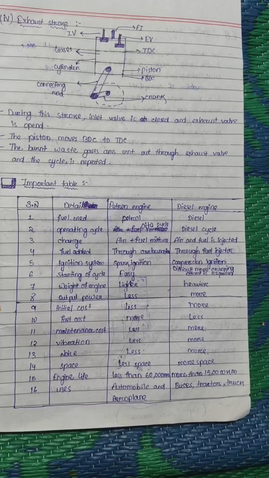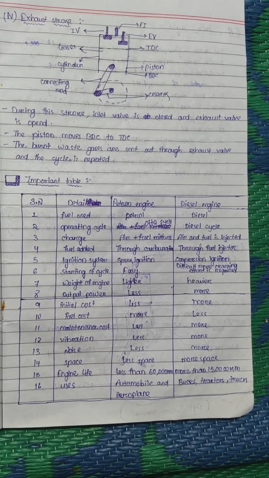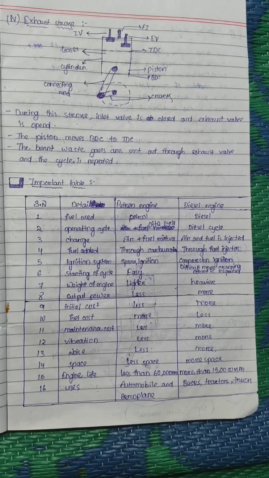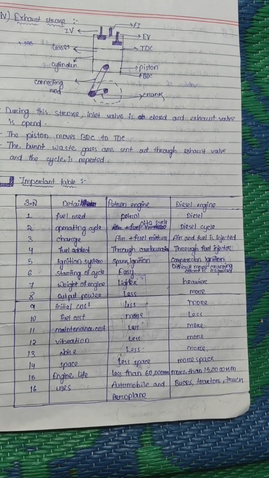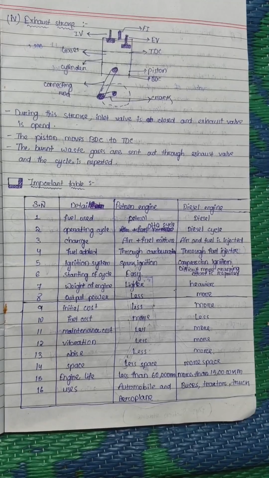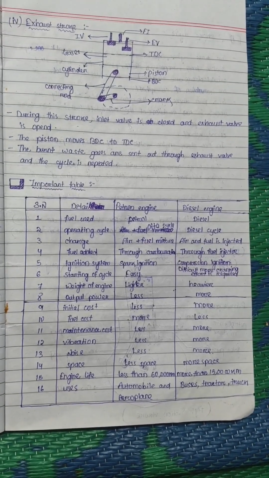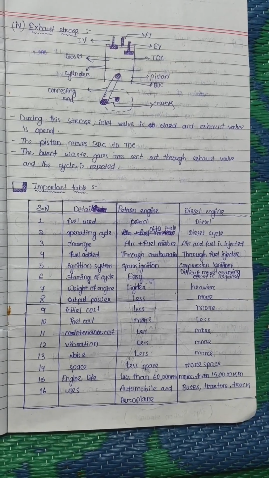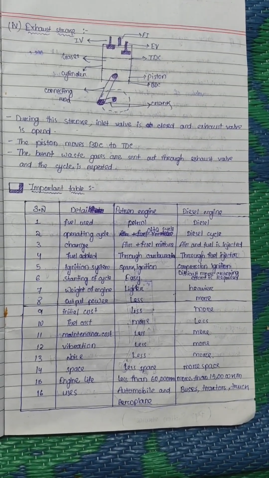The ignition system in a petrol engine is spark ignition, and in a diesel engine it is compression ignition. In a petrol engine, starting the cycle is easy, and on the other hand, a diesel engine is more difficult to start.